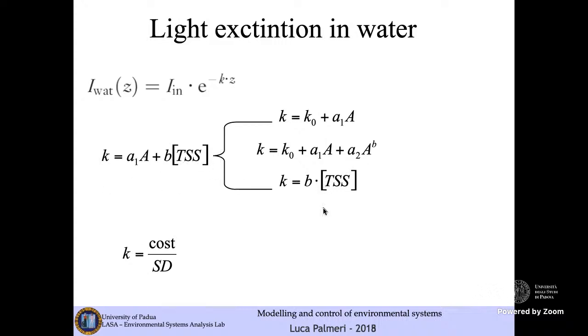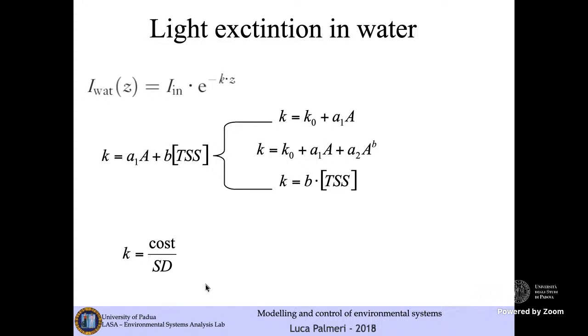So this model may be B times total suspended solids, or maybe K0 plus A1 plus A2 times the concentration of algae, and so on. In general, we know that the light extinction coefficient may be made directly dependent on a measure called the Secchi disk measure, SD, which you know very well.